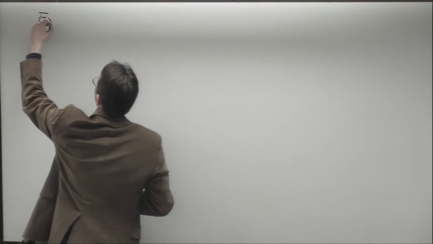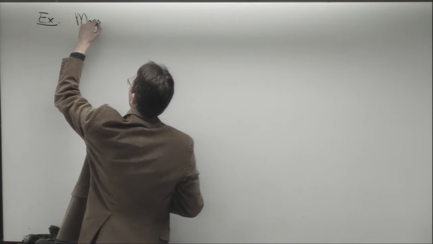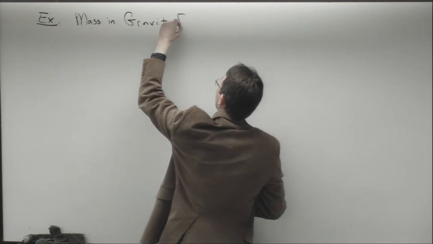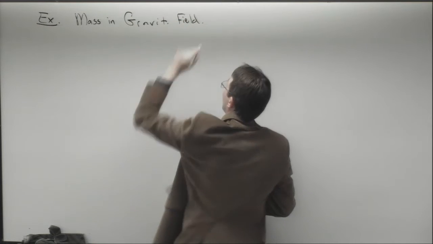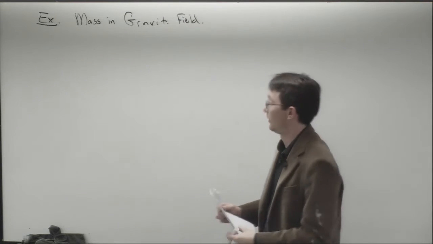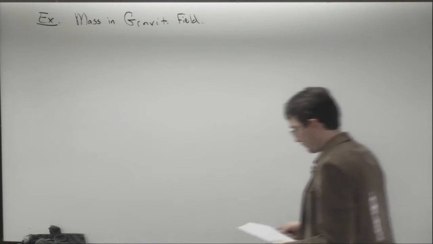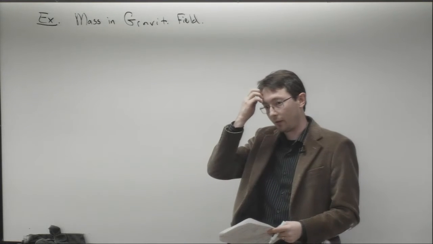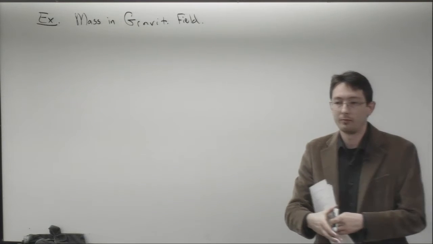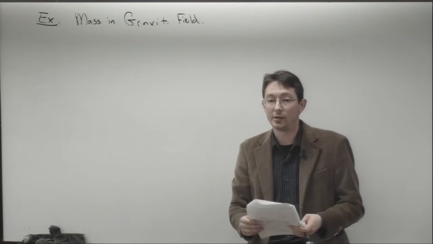So one example is a mass in a gravitational field. Okay, and a gravitational field is just a very, very special type of potential field. Okay, so where do we start with the gravitational potential problem? What is the ground floor, the ground truth of gravitation that we start with?